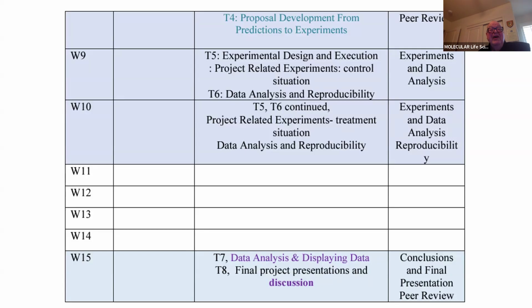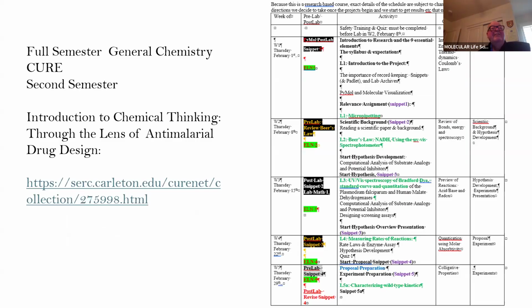And then there are final presentations. So you can do it as a modular CURE with chemistry, just as you can with biology, or you can do a full-blown semester CURE, which on the next slide is a starter. And this one's got lots and lots of stuff on it.